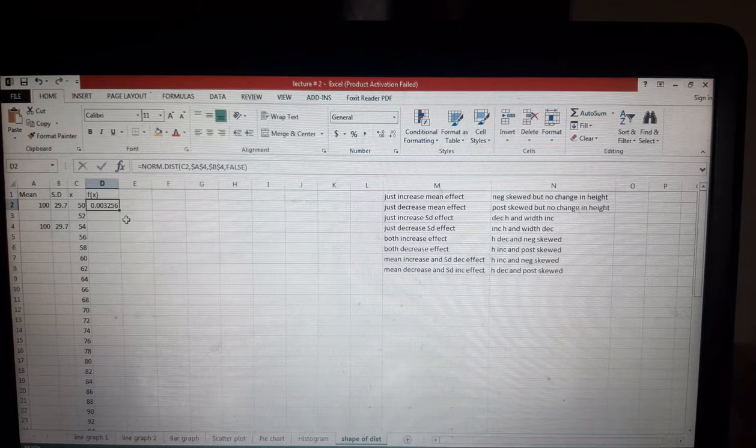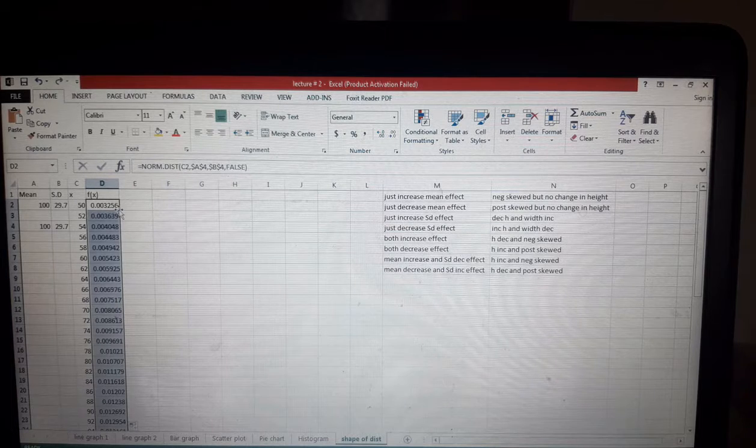For the remaining values, double click the right bottom corner. So this is the probability density function of the normal distribution.